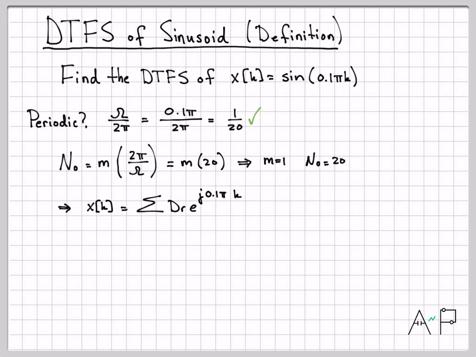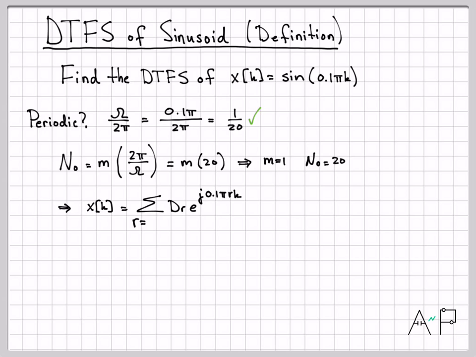So it is reasonable to try to write x[k] in this DTFS representation, a summation of weights times complex exponentials that are all multiples of, and that's important here, multiples of the fundamental frequency. One of the big questions we always have when doing the DTFS is that I know I need to sum over n naught consecutive values, but where I do that summation is up to me.